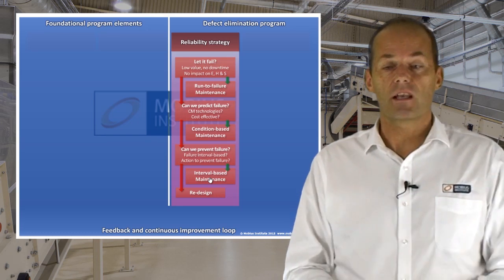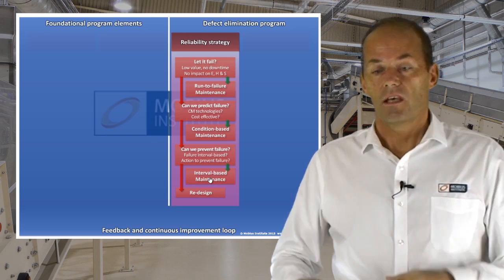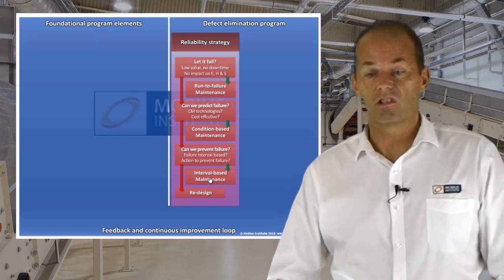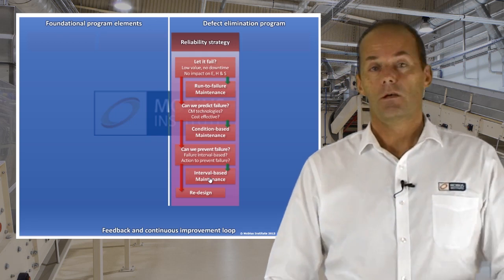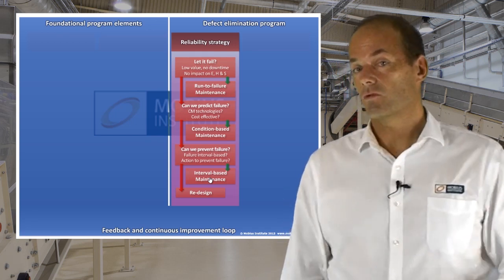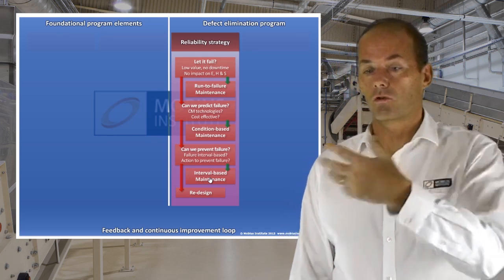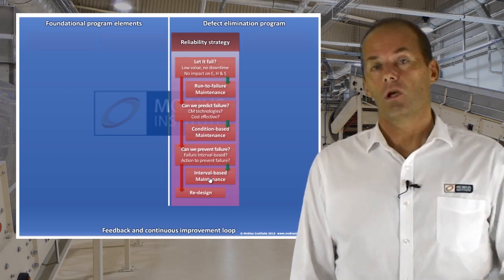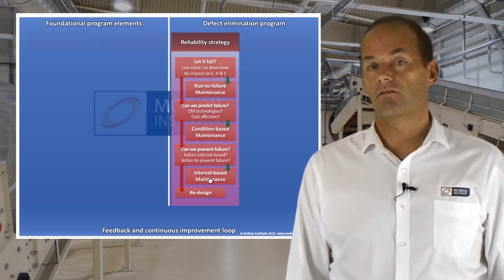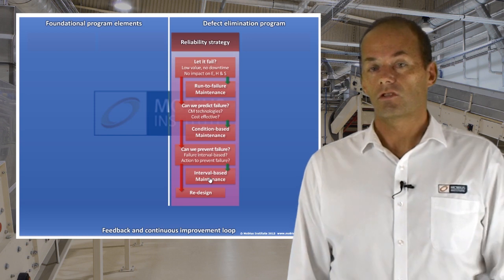And then finally you might identify that there is some equipment that falls through the cracks and you may have to consider redesign, because you can't assess the condition. It's too critical to run to failure, but there's no time-based activity that makes sense either.